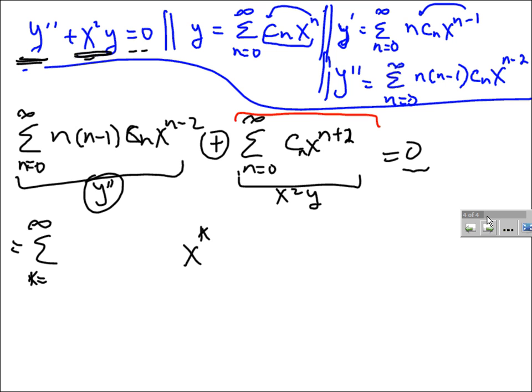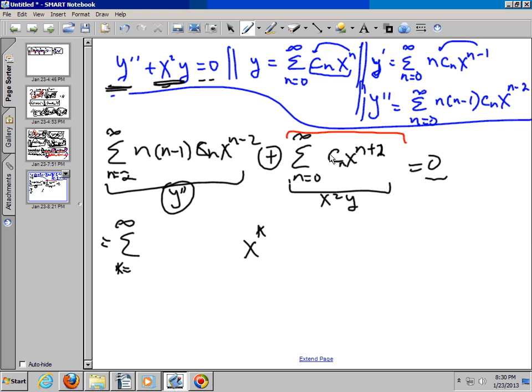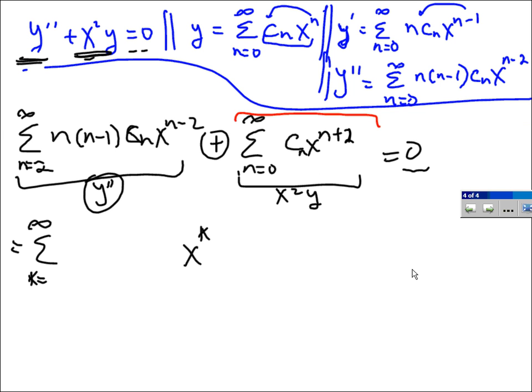Now, as I mentioned before, and here's the time where we want to invoke it, I said that n could have started at 2 because the first two terms would have been 0 anyway. So now when n is 2, that power will be 0.